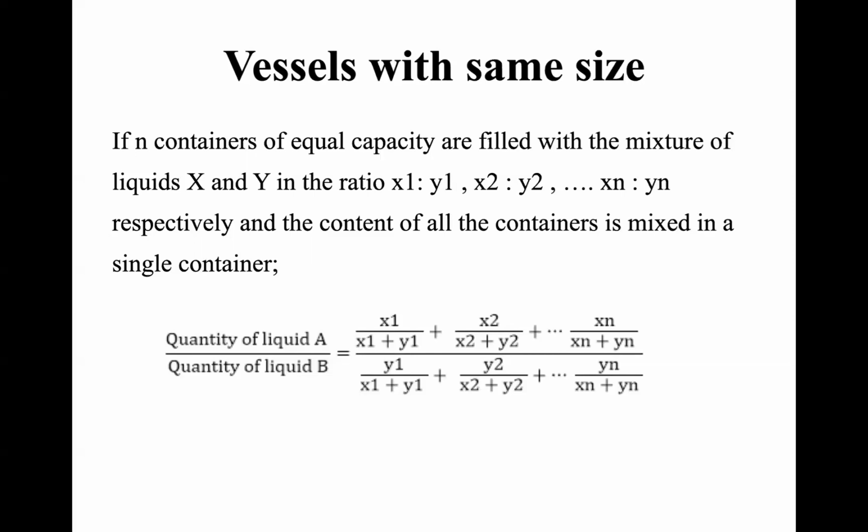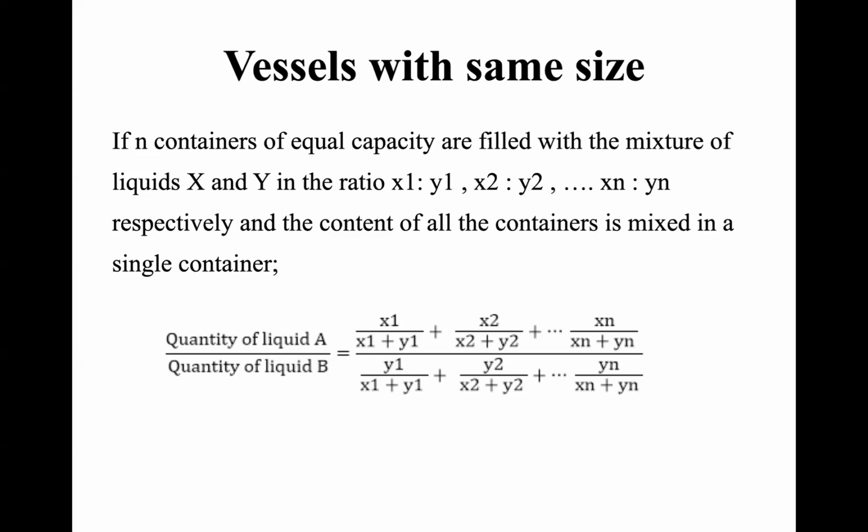It is (x1 by (x1 plus y1) plus x2 by (x2 plus y2) and so on xn by (xn plus yn)) whole divided by (y1 by (x1 plus y1) plus y2 by (x2 plus y2) and so on yn by (xn plus yn)).